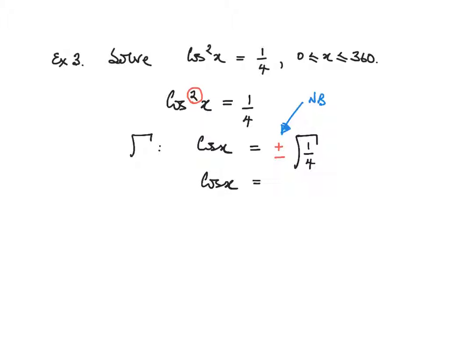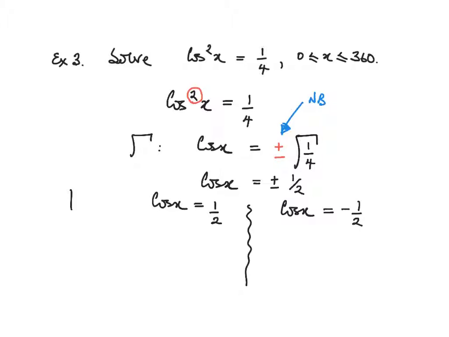The square root of 1/4 is 1/2. Now what I'm going to do is to split this equation up to give me cos x equals 1/2, the positive 1/2, and cos x equals negative 1/2.